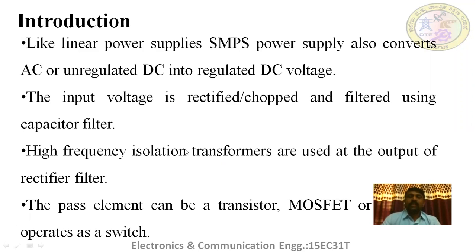Therefore, in order to protect the load side of any electronic device, it is required to separate the power section from the load section. For this purpose, the SMPS uses isolation transformers.